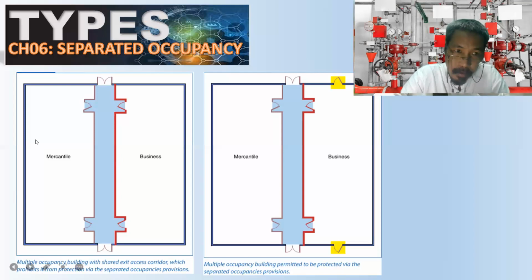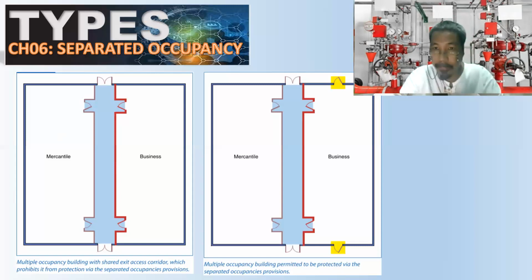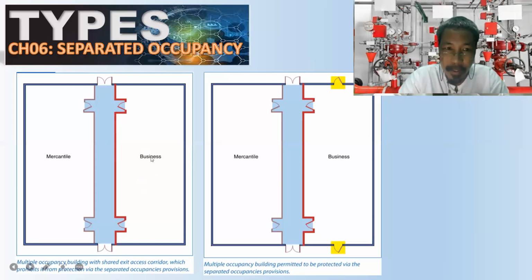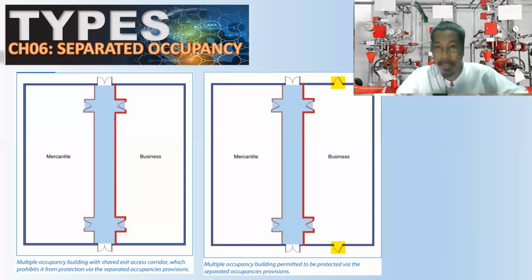While those persons who are in this area don't need to go near this area while going out. So they can go out here, here, and here without being in danger of fire breaking out in the other area. Okay, so separated.